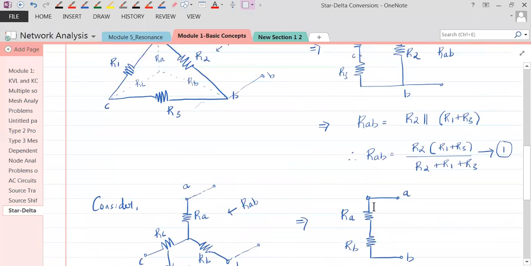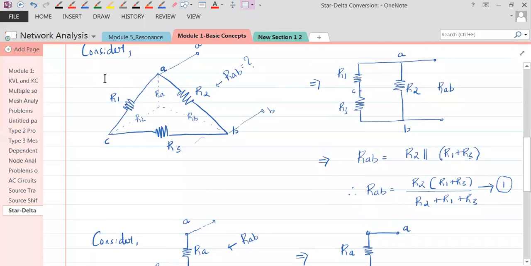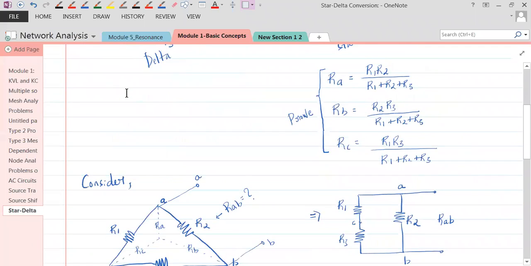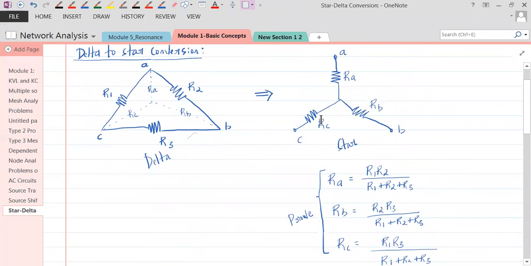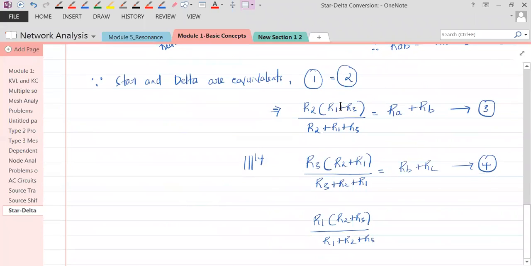R1 means we are looking into terminals AC. R1 means where is AC? It's RA plus RC. So this is equation number 5.